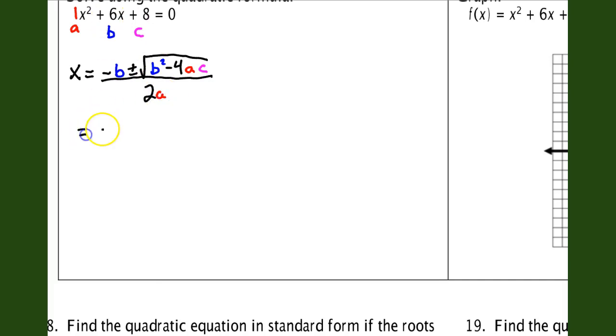So we have negative 6 plus or minus the square root of 6 squared minus 4 times a times c, all divided by 2 times 1.